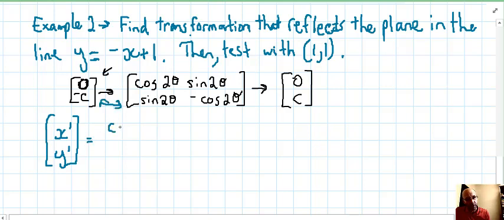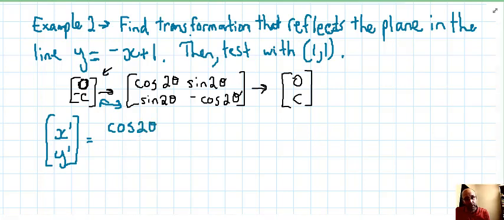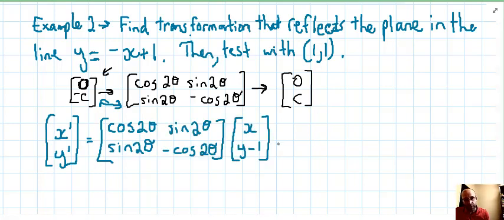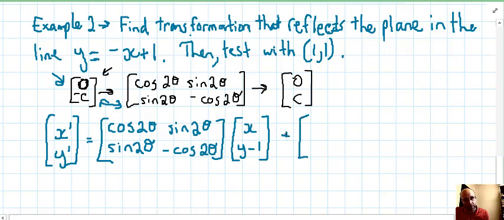Okay, so this one goes first, and then we apply this one here where y equals 1. So if we take c off, it's y take 1, and then we have to add that back on, because the intercept's 1 there.